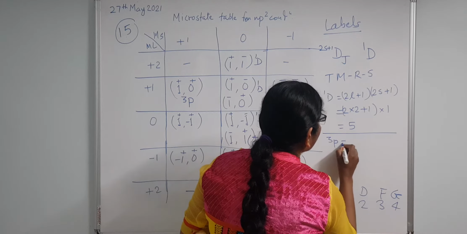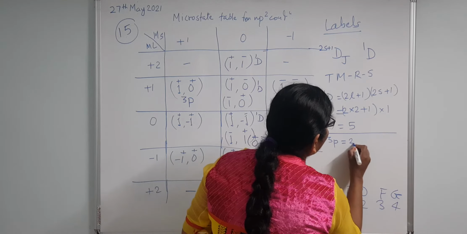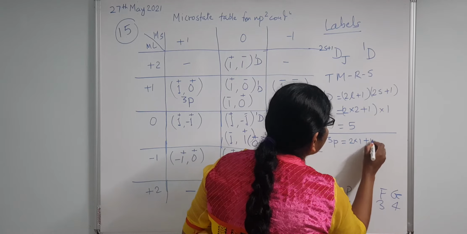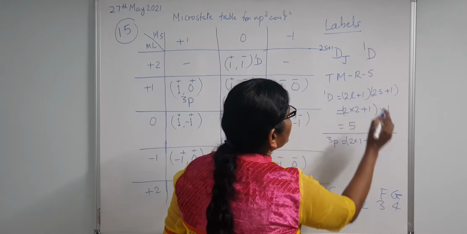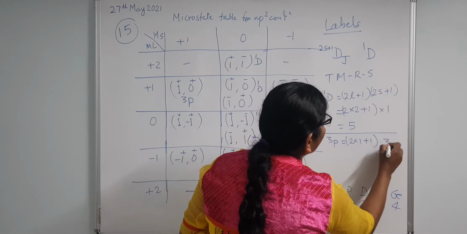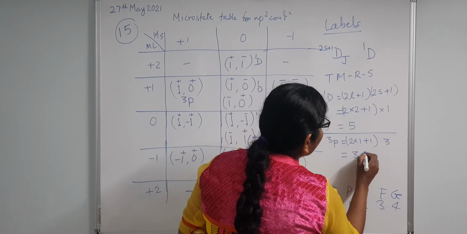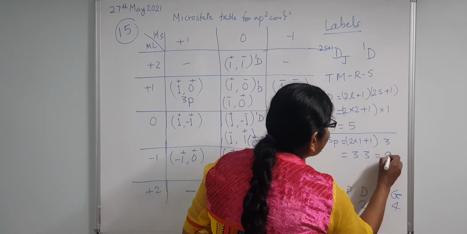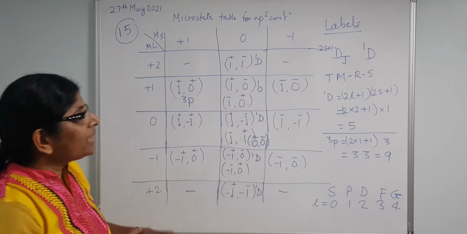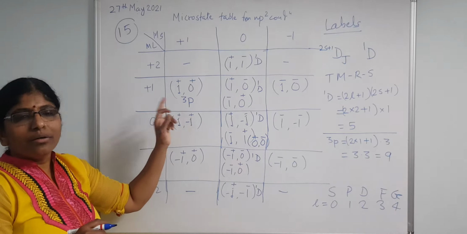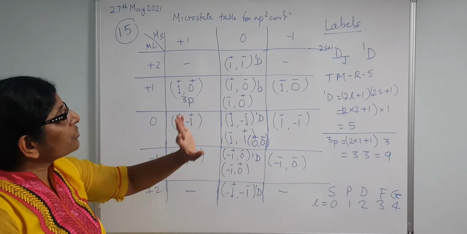Again we have to find the total multiplicity of this 3P. The same formula: 2L plus 1 into 2S plus 1. So it will come 2 plus 1, 3, into 3, so it will be 9. That means we can label this 3P to 9 microstates in the table.